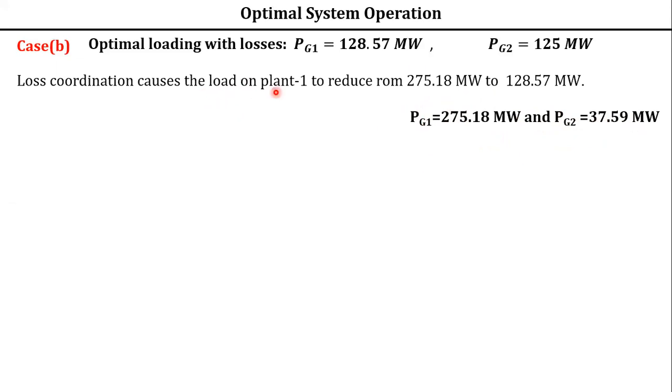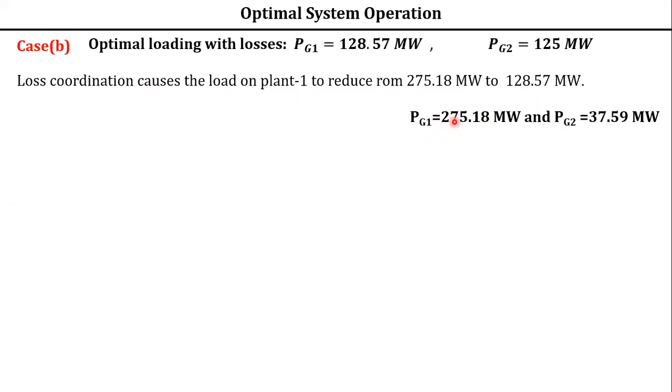Loss coordination causes the load on plant 1... See, when you are considering the losses, the generation at plant 1 reduces from 275.18 megawatt to 128.57. This 275 is PG1 when the losses are not coordinated, and this 128.57 is when the losses are coordinated, that means considered.